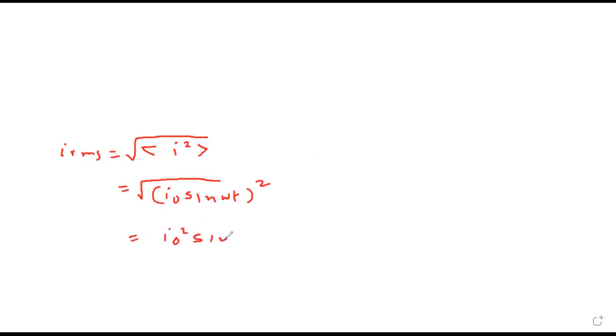I RMS is the square root of the average of I square. That means root of I, which is I naught sine omega t, squared. So this is I naught square sine square omega t.